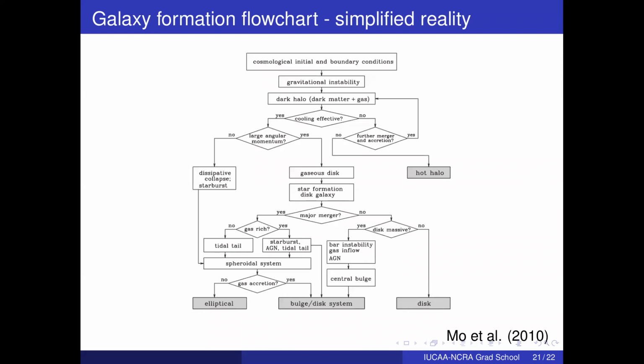Mo, van den Bosch, and White have this nice text on galaxy formation and evolution. It's one of the more recent textbooks. It's quite well written, a big textbook, but it explains even aspects which I have not covered, like for example, the formation of the dark matter halos and their evolution.